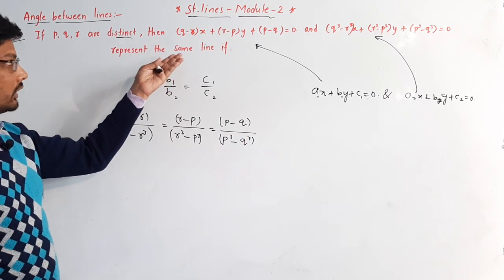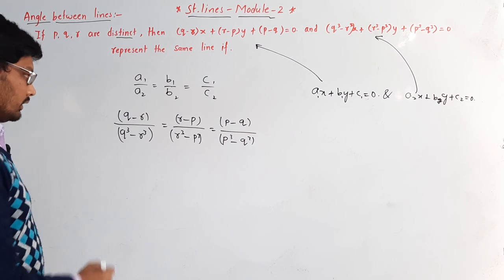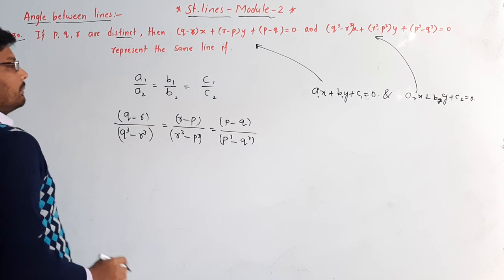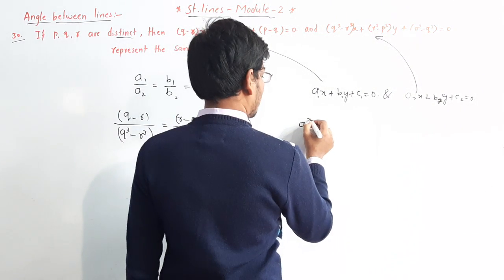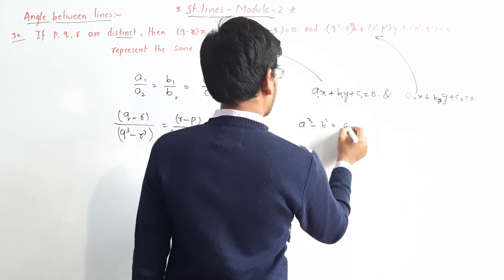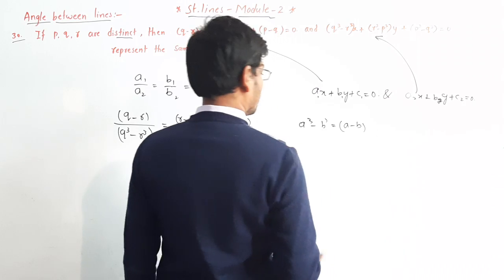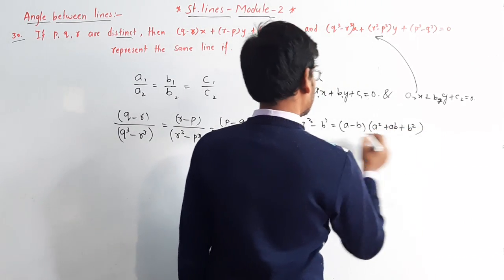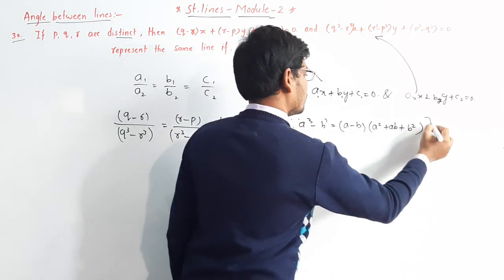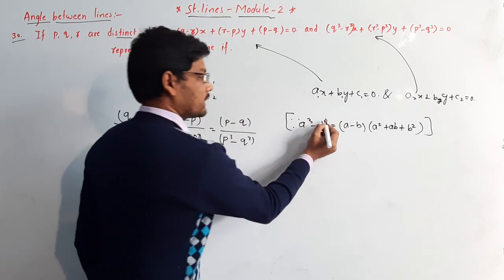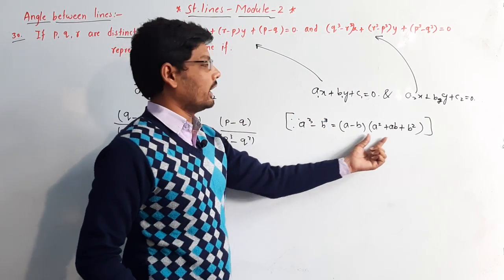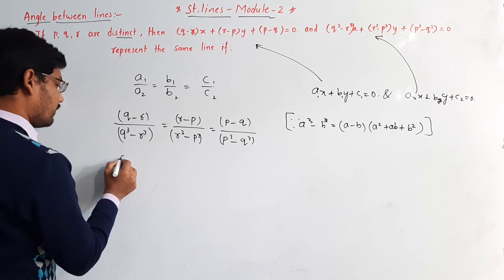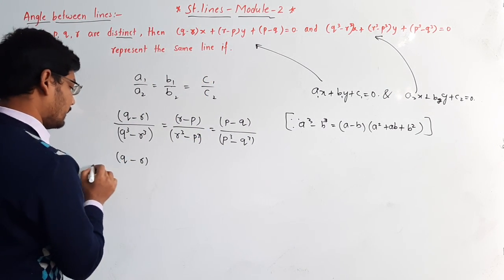If the two lines represent the same line, it is in the form of a cube minus b cube, then a minus b into a square plus ab plus b square. This is the formula here: a cube minus b cube is equal to a minus b into a square plus ab plus b square. Let's expand in the form of a cube minus b cube.